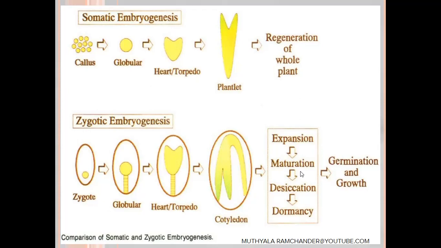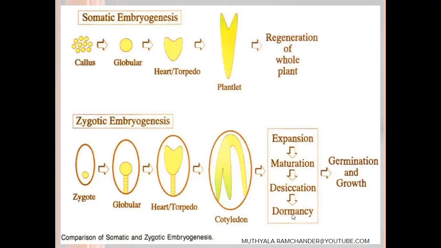Expansion, maturation, desiccation, and dormancy. Desiccation, then dormancy. After dormancy, the seed develops into germination of the plant, and it is involved in growth. So in the development of embryogenesis, the zygotic embryo is involved in expansion, maturation, desiccation, dormancy.